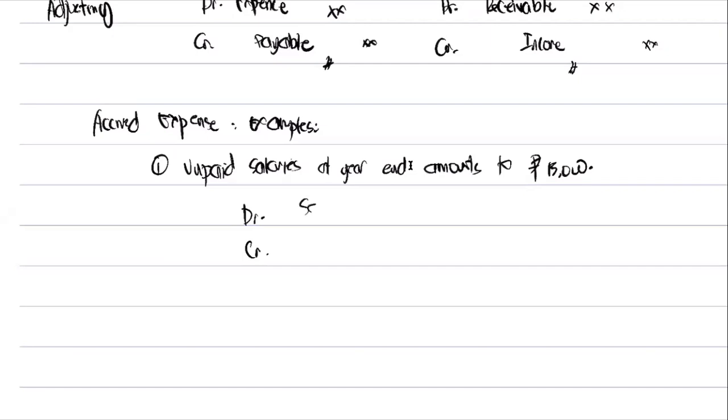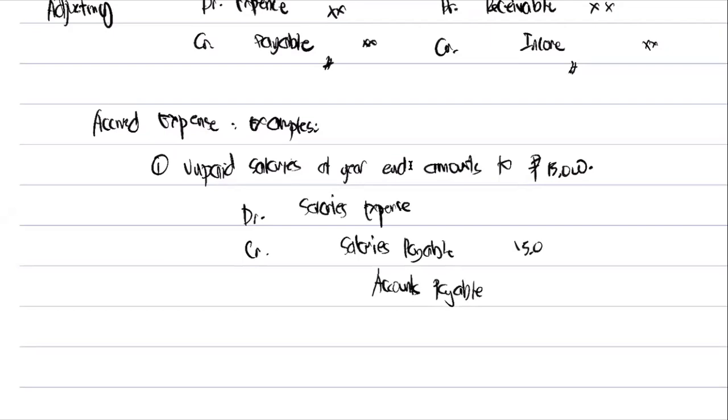So you debit salaries expense, credit salaries payable. Sir, pwedeng accounts payable? Pwede bang accounts payable yung gagamitin namin? Pwede, depending dun sa chart of accounts. If there is a salaries payable account, then use the salaries payable account. If there's no salaries payable account, then you can use accounts payable. So here, we have unpaid expense. So we just debit salaries expense and you credit salaries payable.